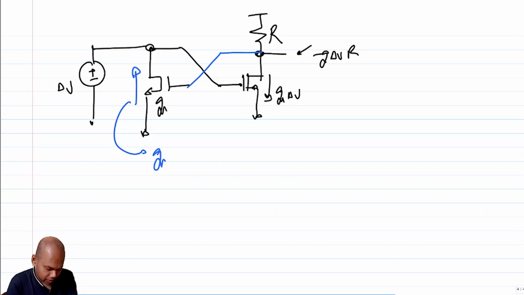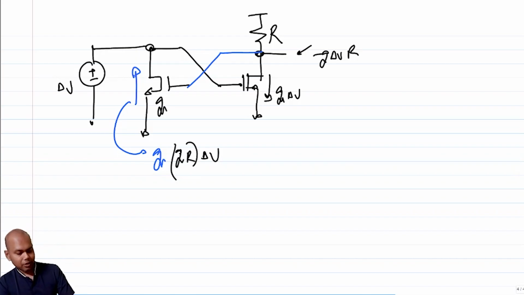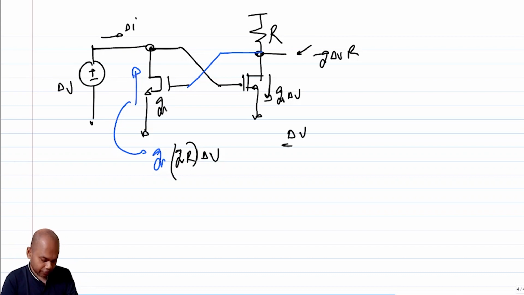So this becomes Gm times Gm R times delta V, correct? So basically the gain of the second stage times delta V going up. So this is delta I. So delta V by delta I, or if I simply say delta I by delta V, which is the effective G, this is equal to how much?